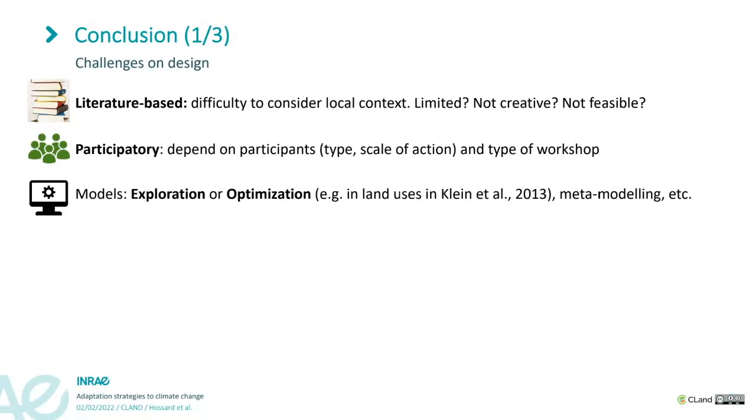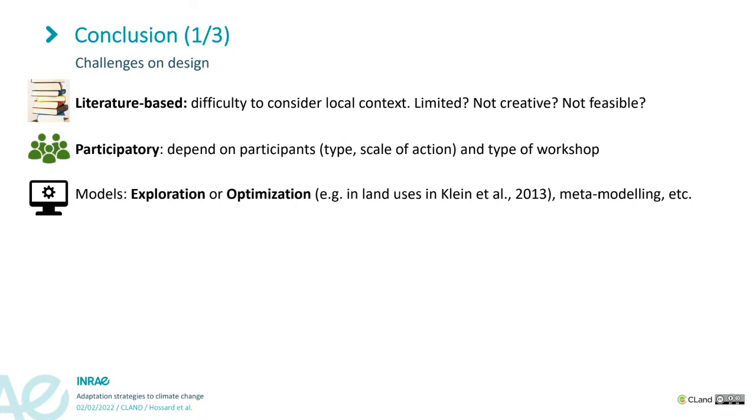The first one is on the challenges on design. So I showed you methods based on literature, based on participatory approaches, but not on models. And for the literature-based, the point is that it's difficult to see how this adaptation could be set in place in the real world.